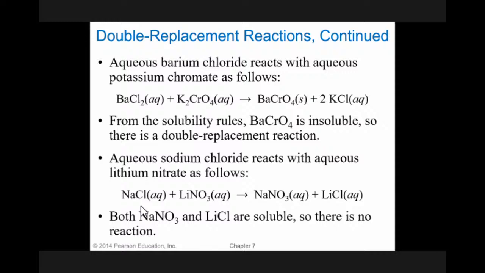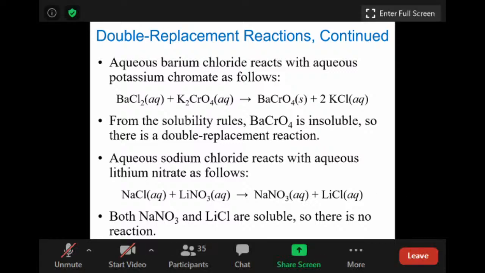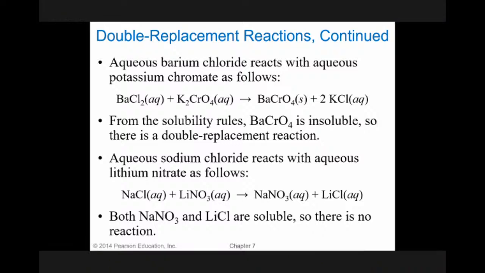But when they do that, the charges will also affect them. You gotta keep track of the charges as you do that. The charges are not changing, but now you gotta do double something or triple something. So in this case, in the product, the subscript for the replacement is just 1, 1, because barium is +2, chromate is -2, and potassium is +1, and chlorine is -1.